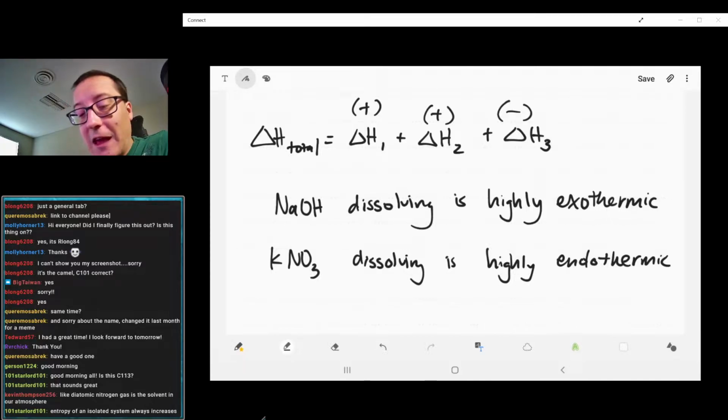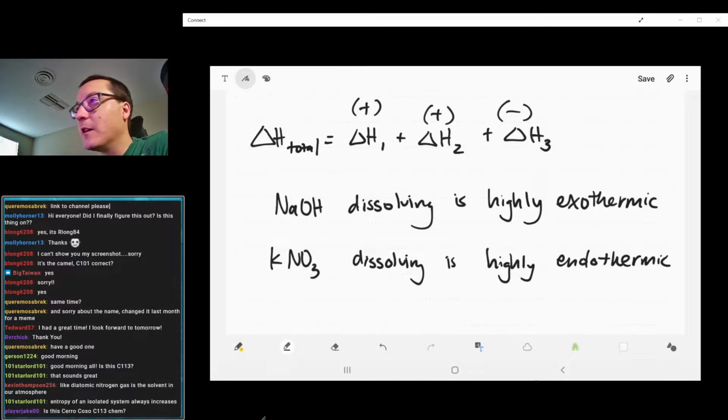So if you're seeing how much energy is required to break the bonds within your solutes or your solvent versus the amount of energy that you're getting out by making these new solute-solvent interactions, that's the only way to tell. So other than experimentally, of course. So for us, we just need to understand that it can be either one. So nothing too crazy here.